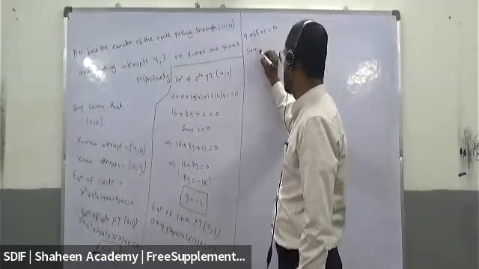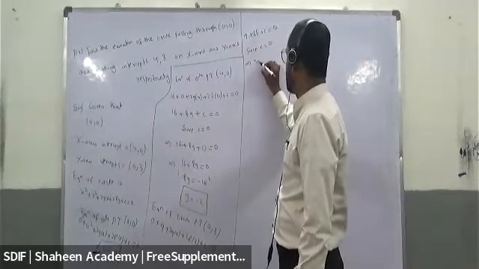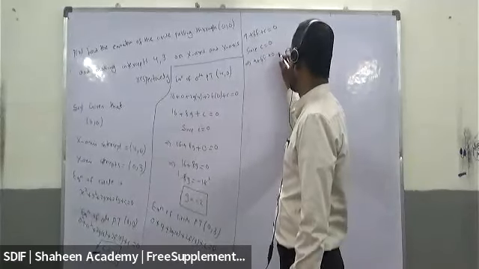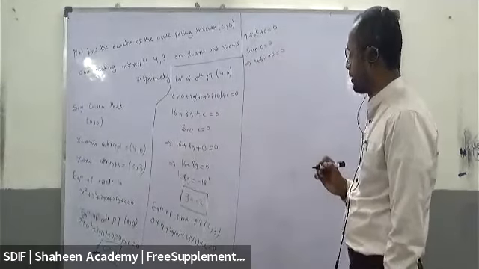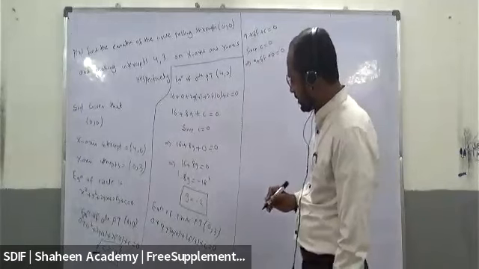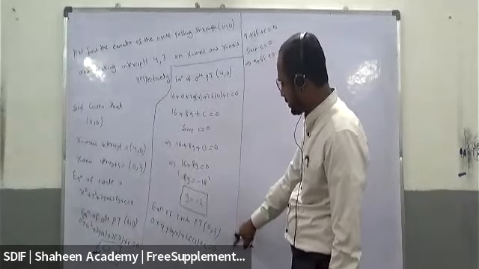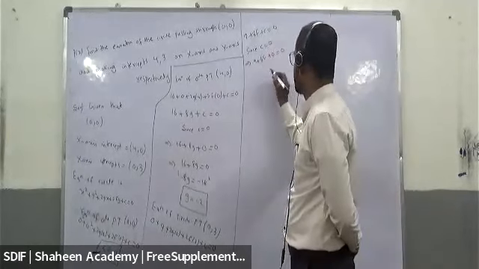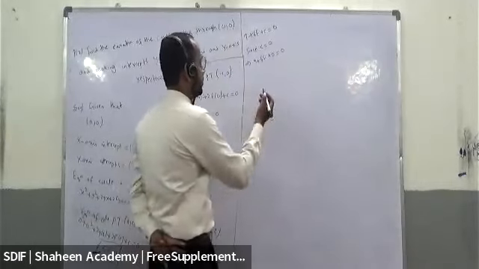Since c is equal to 0, this implies 9 plus 6f plus 0 is equal to 0. So now, we are having (0, 3), 9 plus 6f plus c is equal to 0. So just simplify it. What we are getting, 9 plus 6f plus 0 is equal to 0.